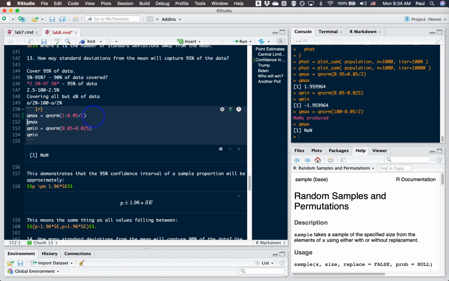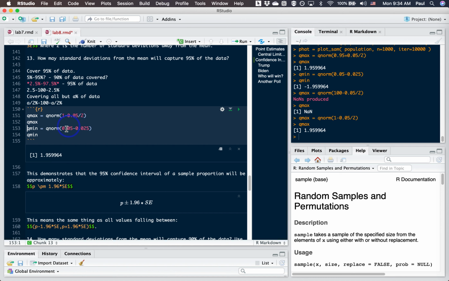So let's try it again. What this says is if I want to cover the upper limit of my 95% of data, I have to use this value for z, which is about 1.96. So 1.96 is the upper value for z.